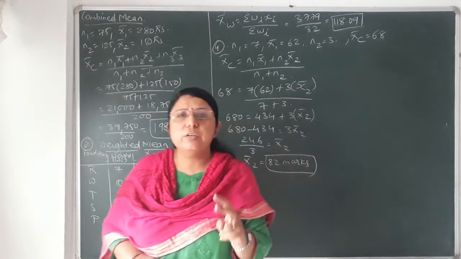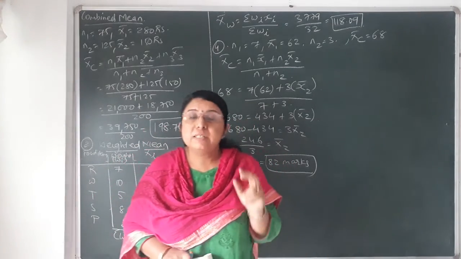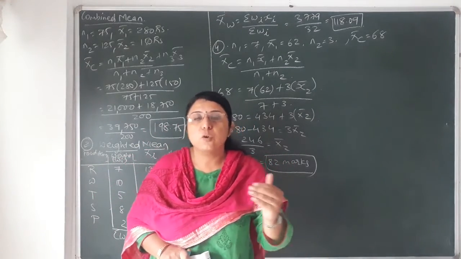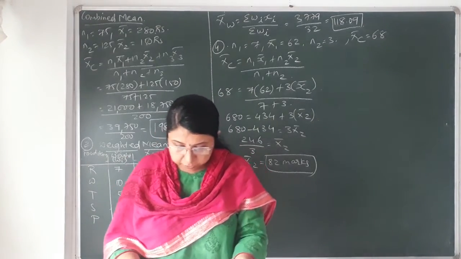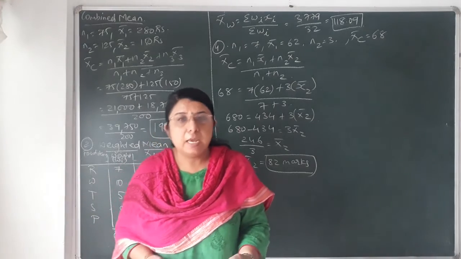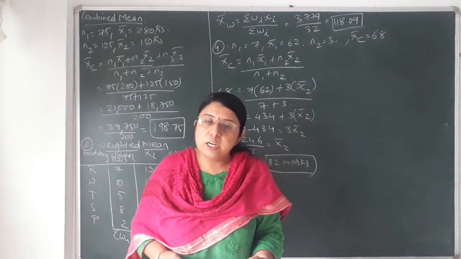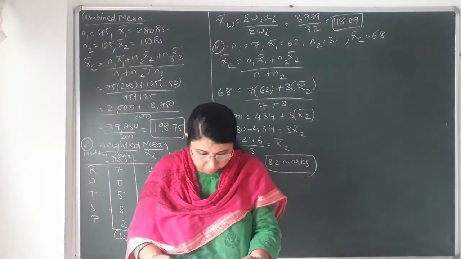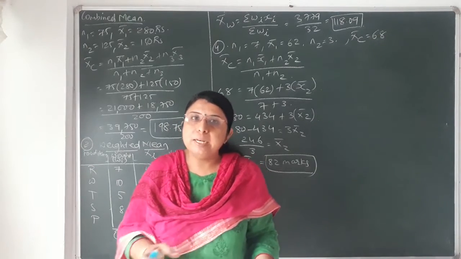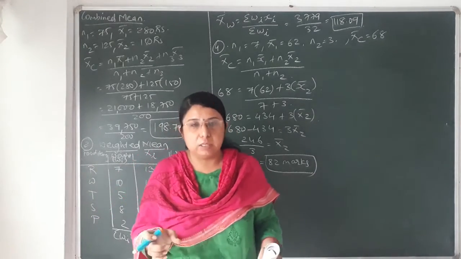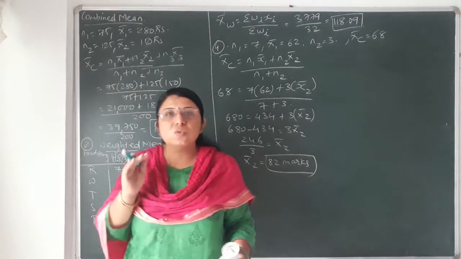It means two different means are given to you of two different groups of workers. The first 75 workers, their mean wage is 280 rupees, and the second group of 125 workers, their mean wage is 150 rupees. We have to find the combined mean of all the 200 workers, that is 75 plus 125.